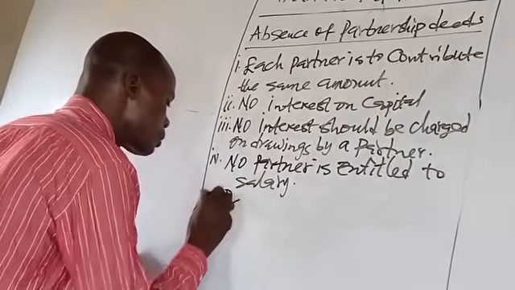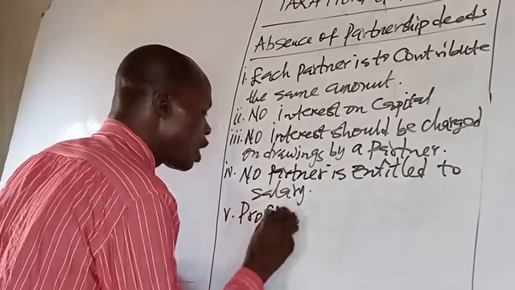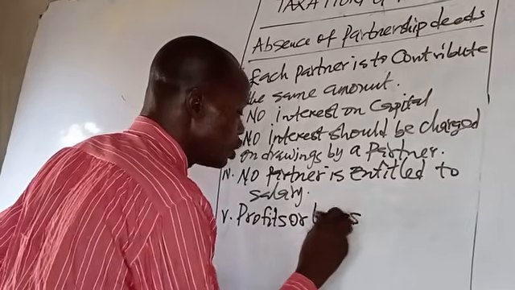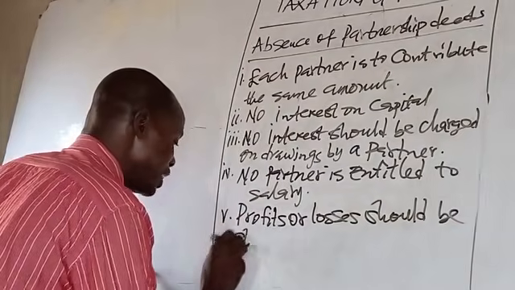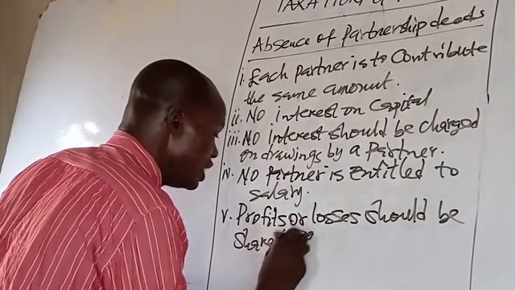Number 5, profits or losses should be shared equally.